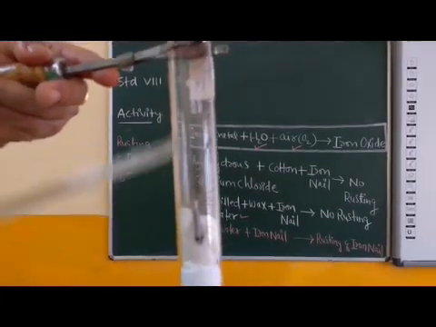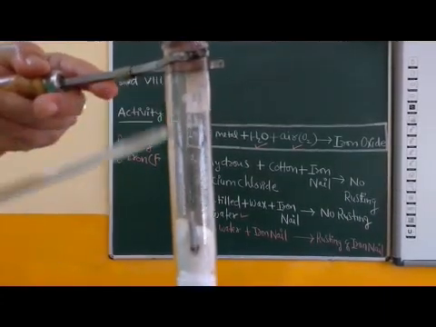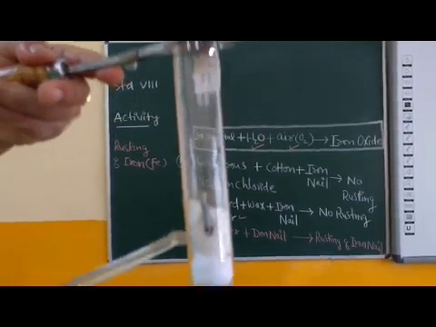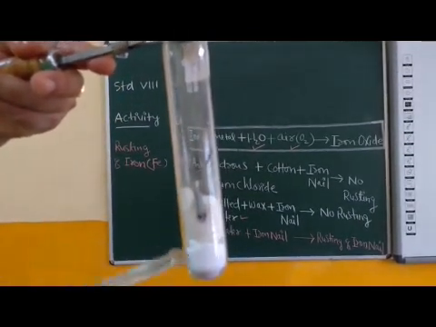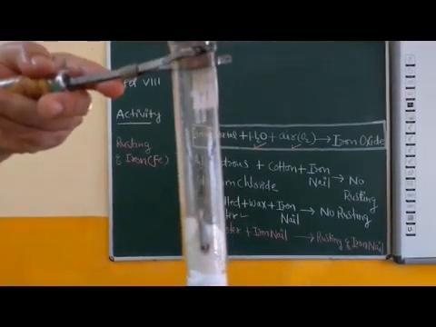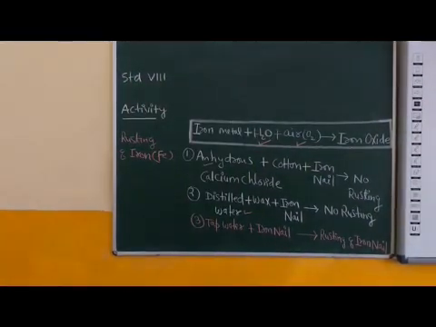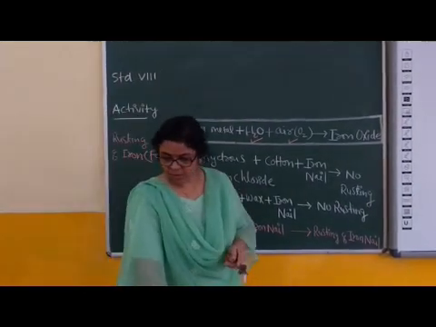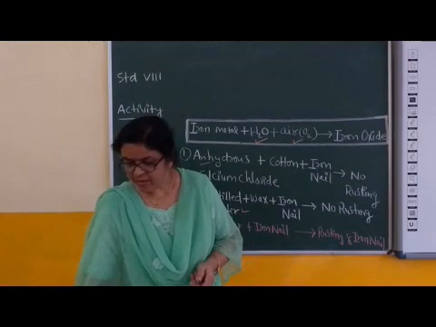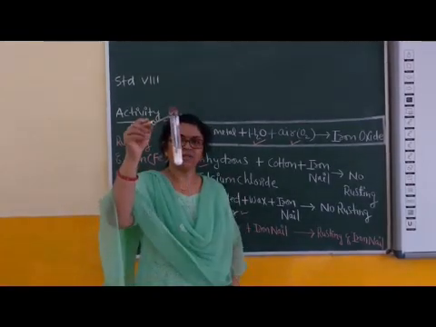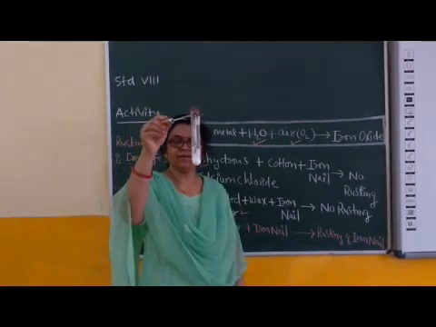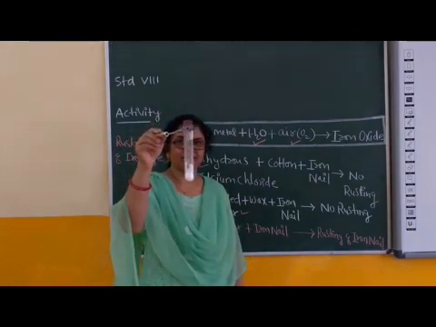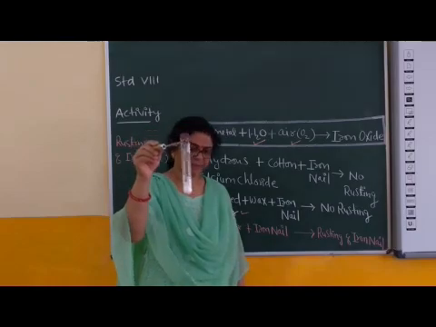The O2 which is present here and the moisture contents present in this test tube are all absorbed by cotton and calcium chloride. After a long time, because corrosion is a very slow process, you will find that no corrosion occurs. This grey color of the iron nail is maintained. Original color of iron is grey.